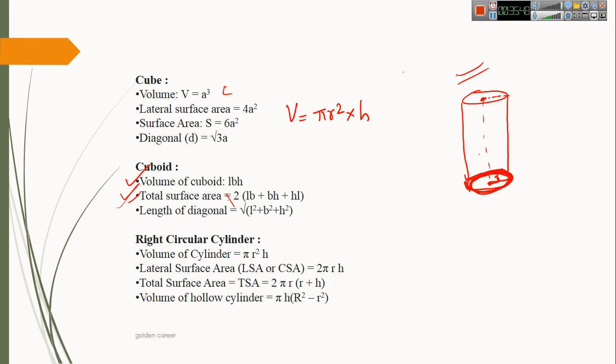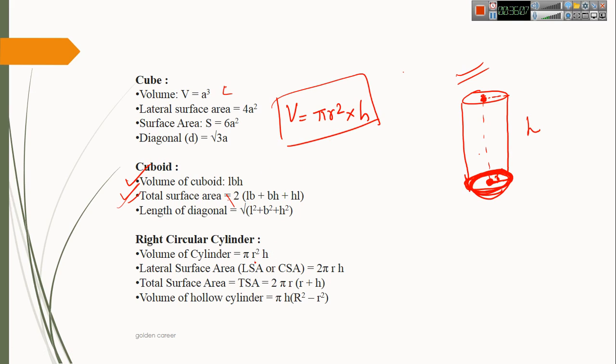The area of the base will be pi r square. If the height of the cylinder is h, that is, the distance between the top and the bottom is h, then pi r square into h, area of the base into height, will be the volume of the cylinder.